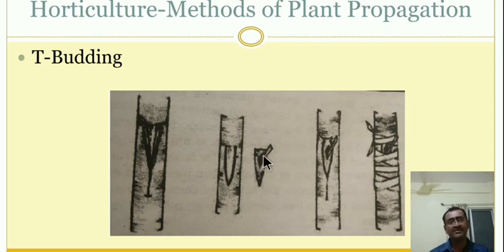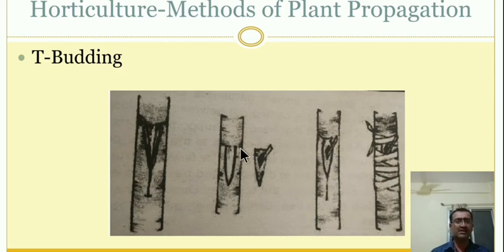Let us see here, that bud is inserted into the T shaped part. This is the stalk, and here the T shaped part is cut, and the bud is inserted into the T shaped part. Here a horizontal cut.